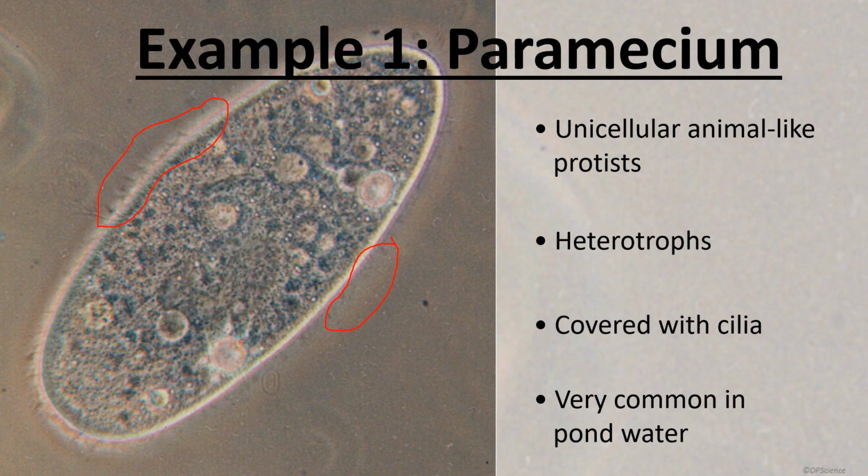The cilia are constantly moving, feeling out the environment, and even helping these animal-like protists eat. They're very common in pond water. So go ahead and write down Paramecium for example 1, and then write down these 4 facts about Paramecium. You can pause the video right here.